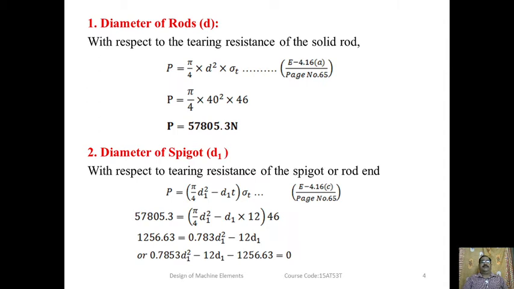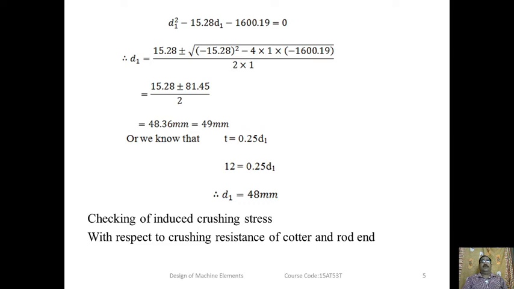Similarly, diameter of spigot, small d1. So we have to use the equation 4.16c, which is on page number 65. After substituting the values, we are getting the value of small d1 as 49 mm. So here, dear students, to calculate the value of d1, we have to use the quadratic equation.